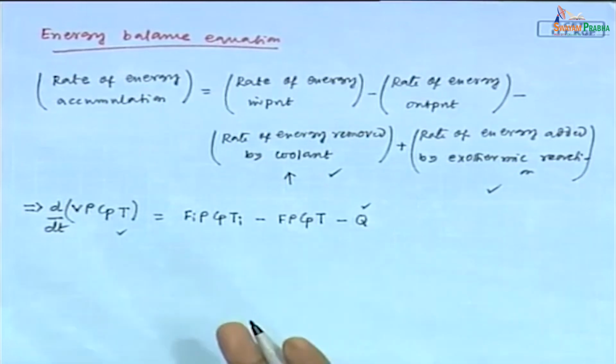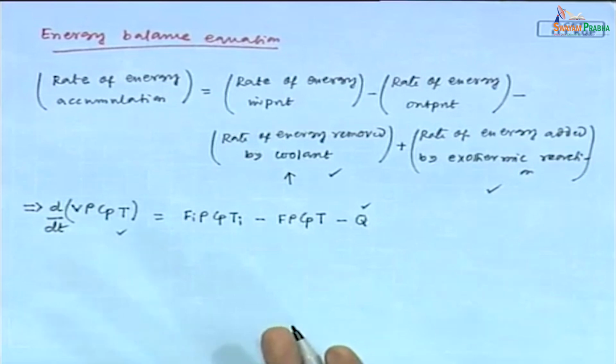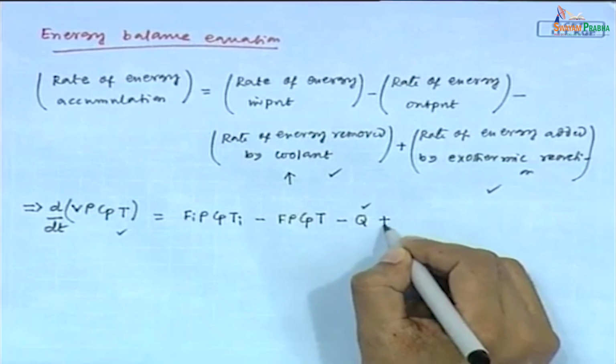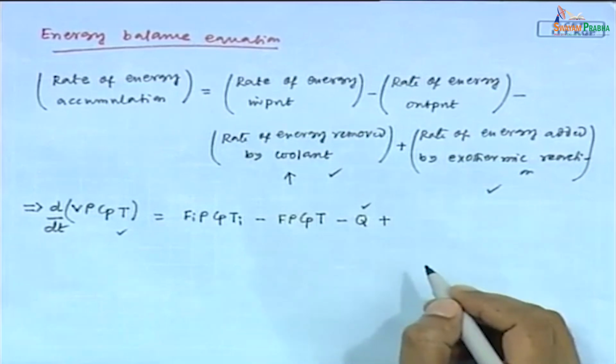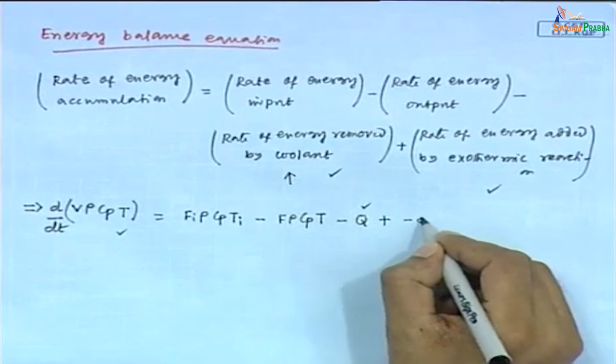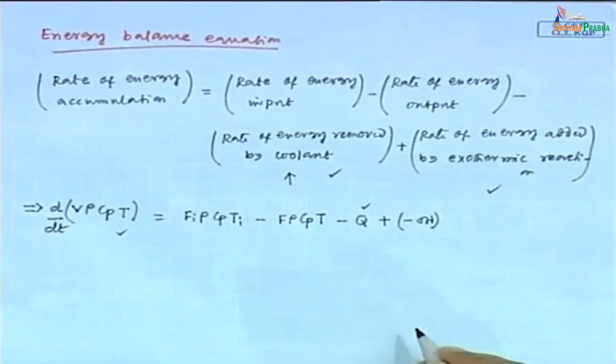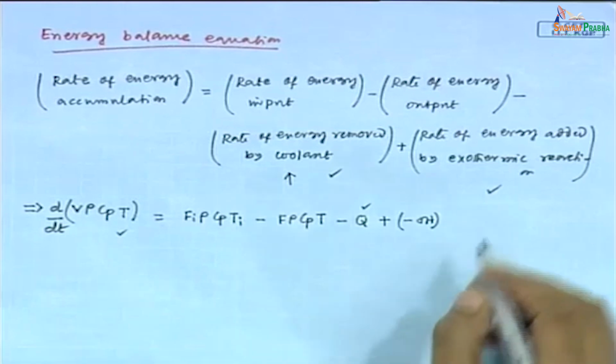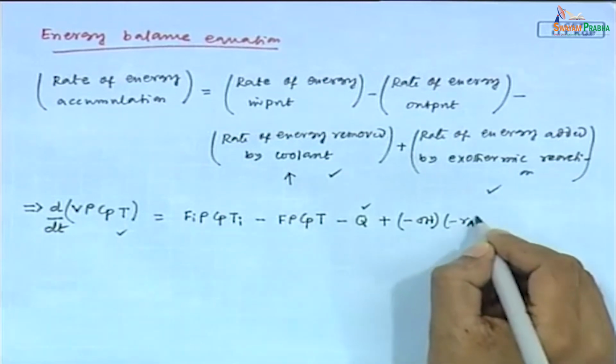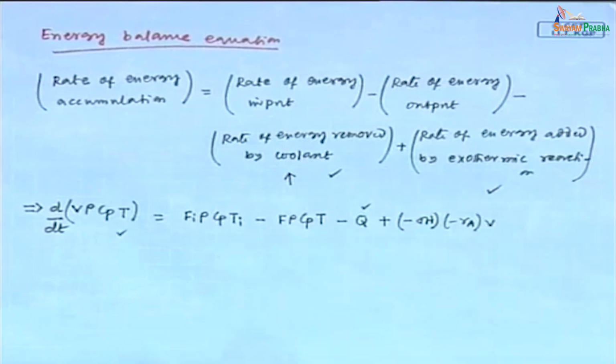We know flow rate Fc, rho C, Cpc, and then temperature difference is outlet temperature of coolant minus inlet temperature of coolant, fine. What is the last term? I mean, how can we represent the last term? Last term we have to consider in this way: minus delta H, that is heat of reaction, then minus Ra multiplied by V.